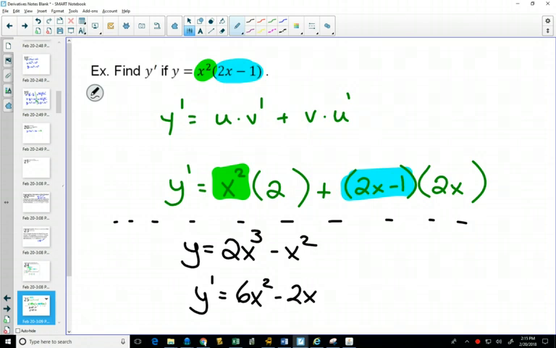So if you have this in green and the answer key said it in black, could you manipulate that? And this one's not hard because if I multiply this out, I'm going to get 4x squared plus 2x squared. That's going to give me 6x squared. And negative 1 times 2x is going to give me the negative 2x.